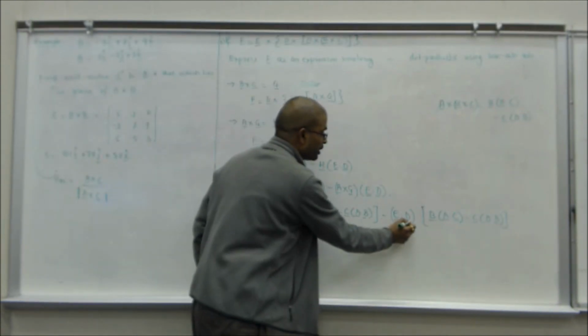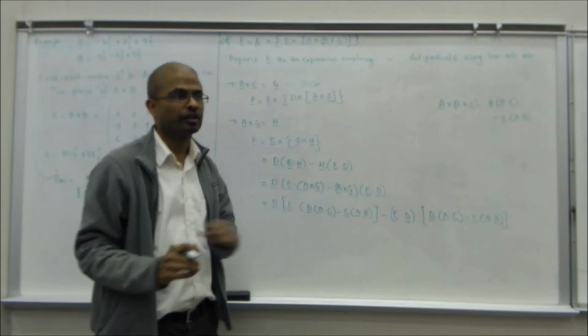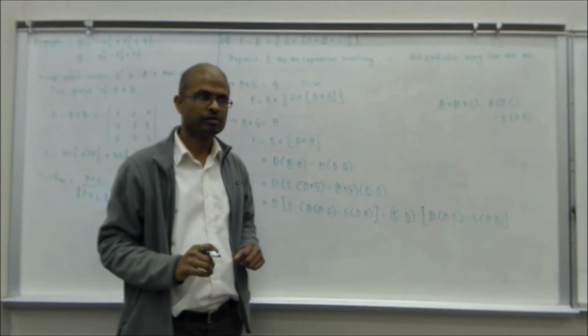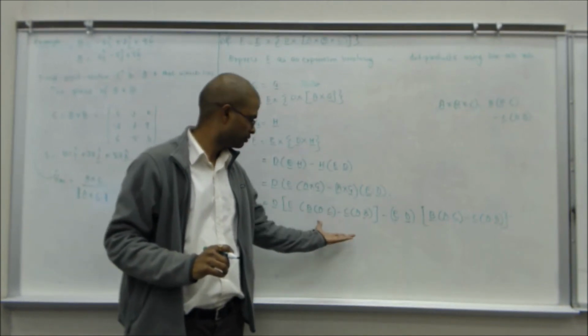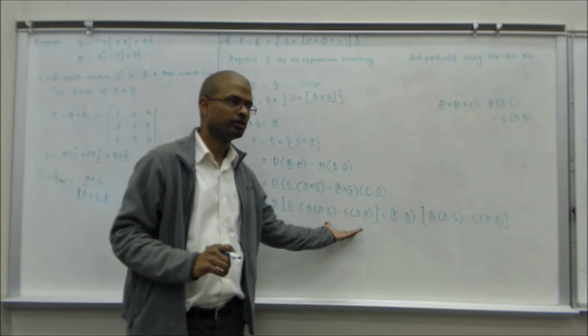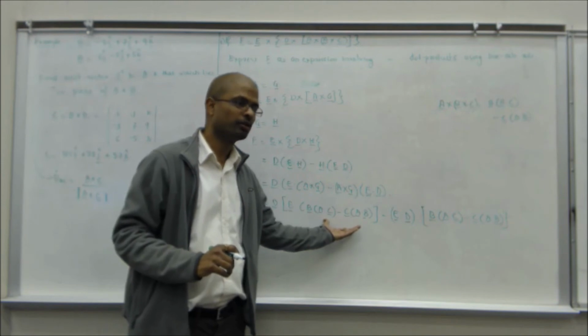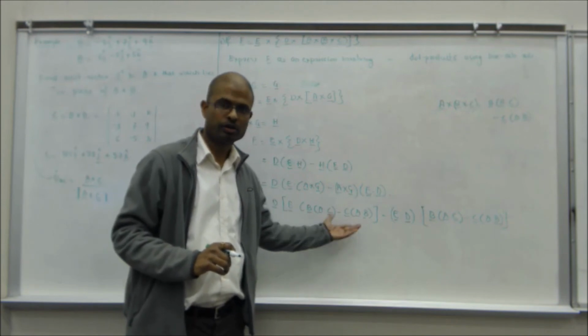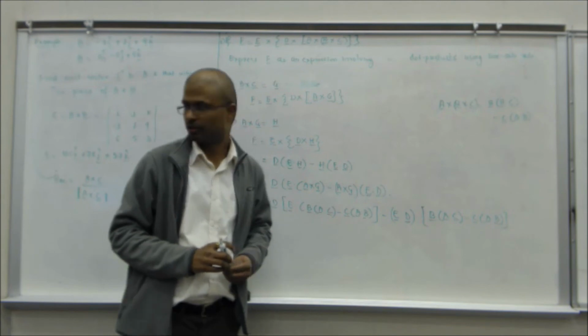The thing is, it's not over yet. Okay. If you're giving up here, then it's not wrong, but you've not completed the process. You want to simplify this further, right?